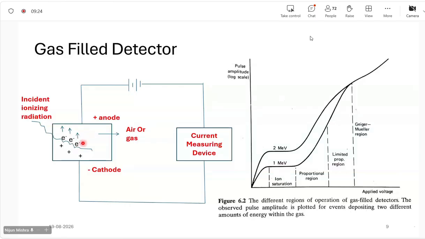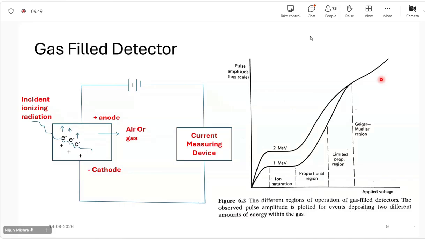That's why here we can see a very high pulse amplitude. Beyond this, if we work, then detector damage will occur, and there will be a presence of current in the output even without any radiation. Beyond the GM region, or beyond that discharge region, we can't operate the gas filled detectors.